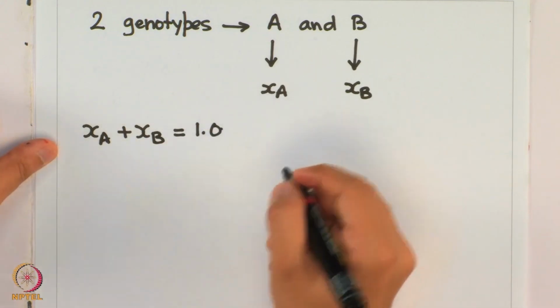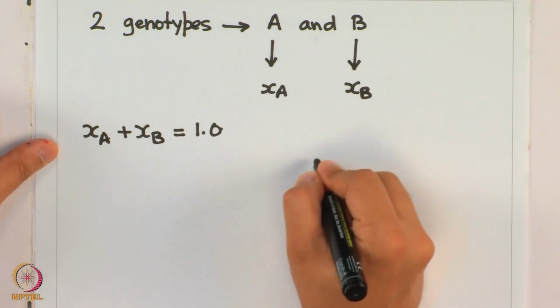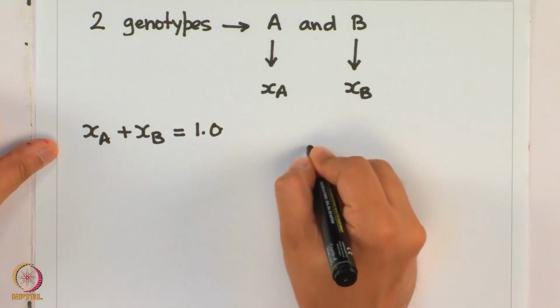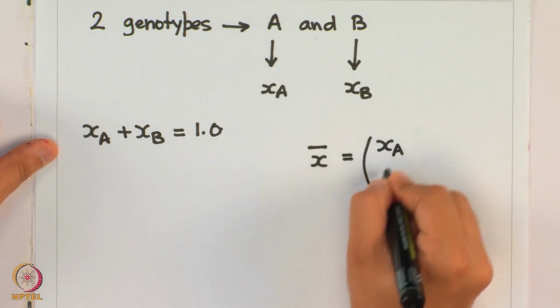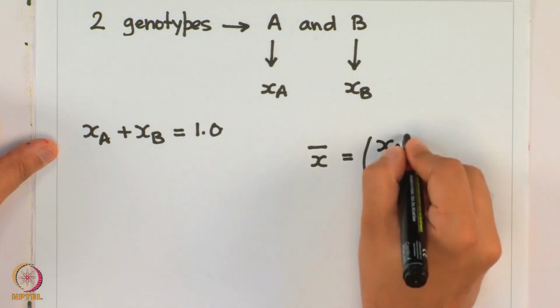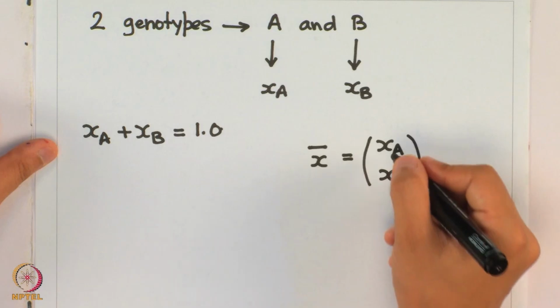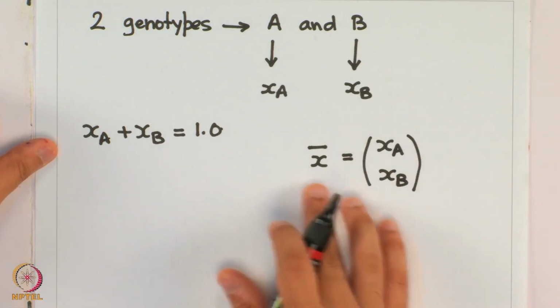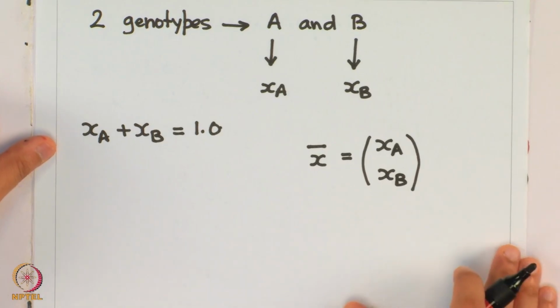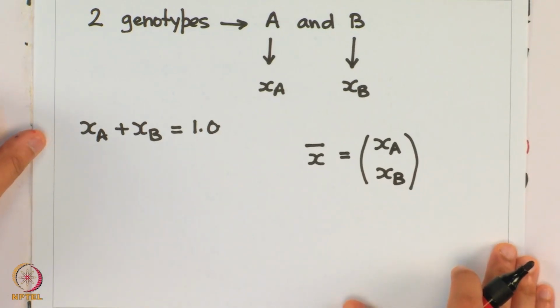And what that means is that the composition of the population of the environment is denoted by this vector x, which is XA and XB. If there were more genotypes, this vector would just have more components, but for our example this vector denotes the composition of the population at any given instant in time.